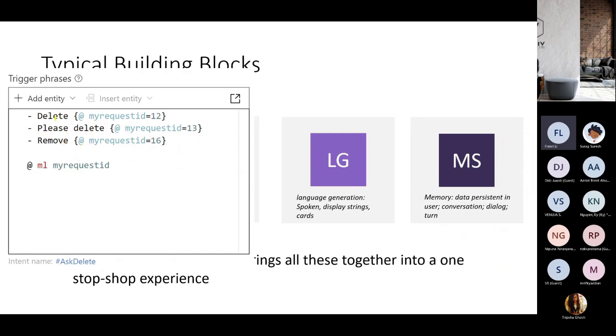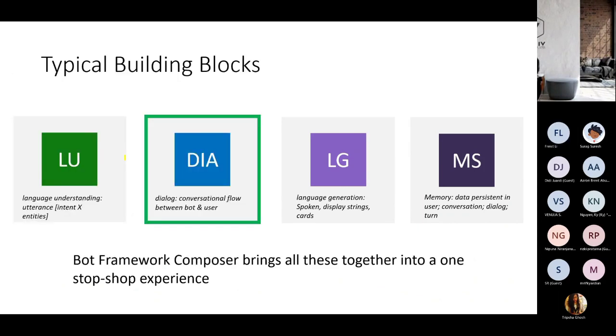So I just use several statements. Then the backend LUIS will train its understanding behavior. If I say remove 15, then it will understand that the number 15 is my request ID, pick up the entity, and execute my conversation logic. So this is about language understanding. It's very powerful because of the LUIS service.